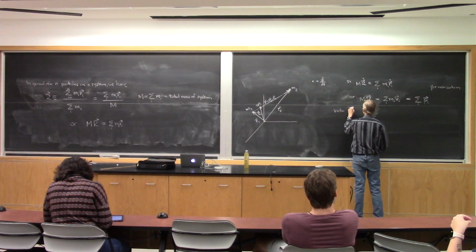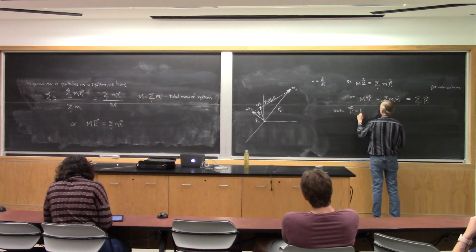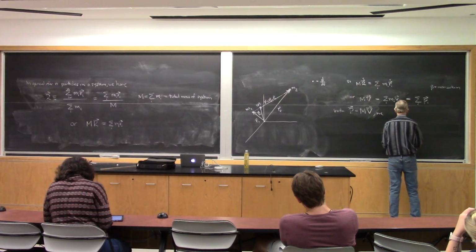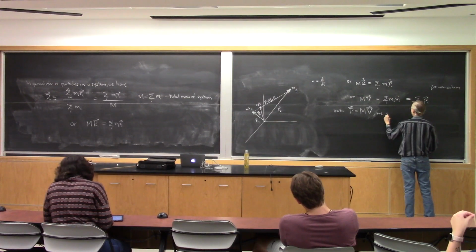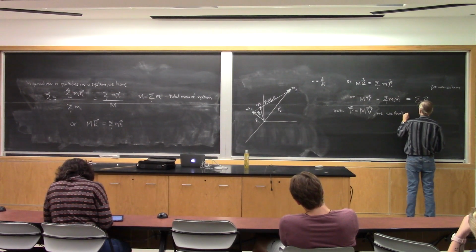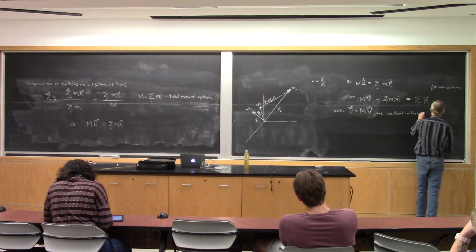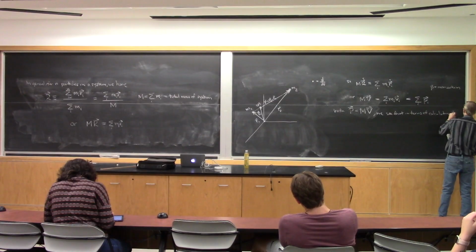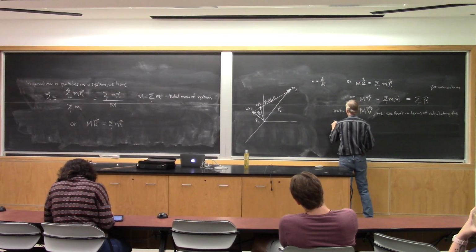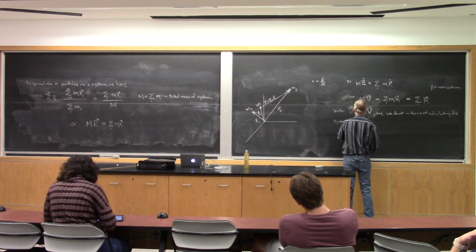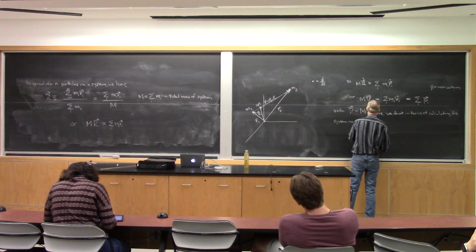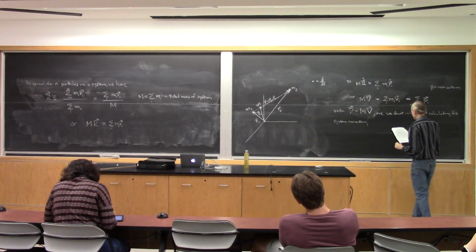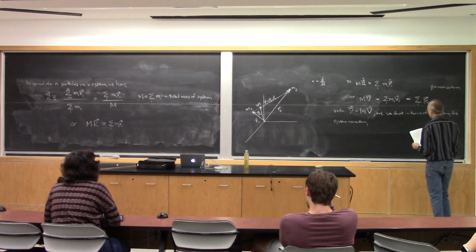So if we say capital P is capital M, capital V, we see that in terms of calculating the system momentum, we can replace the system with a single particle of mass capital M moving with the velocity of the center of mass.